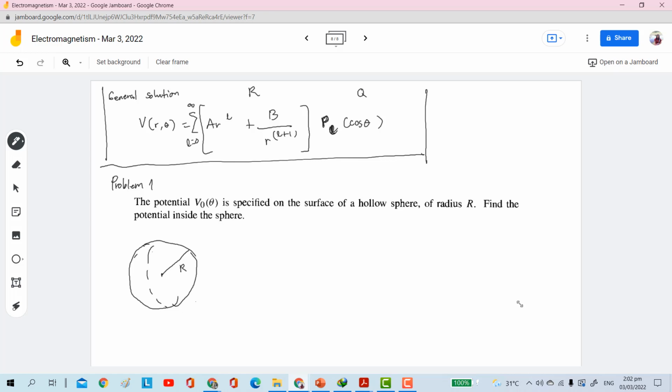So, nasa sa surface of a hollow sphere with radius r. Meaning to say, kini siya tong boundary condition, no? Boundary condition.